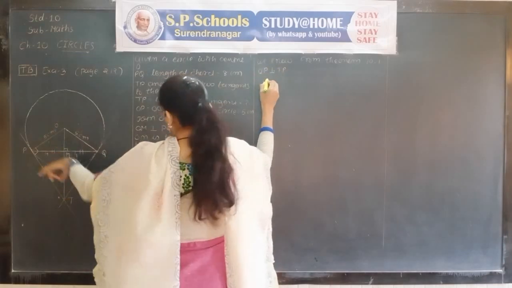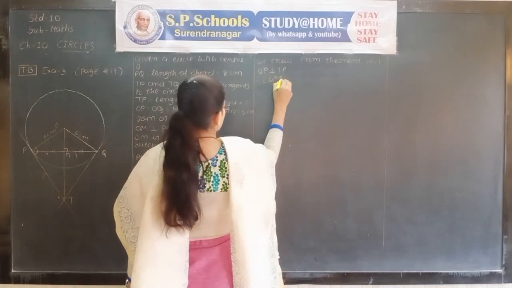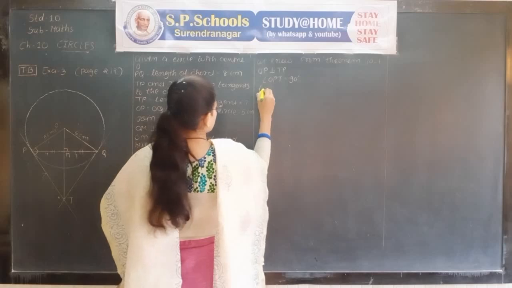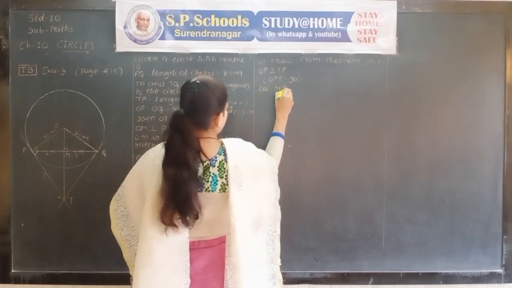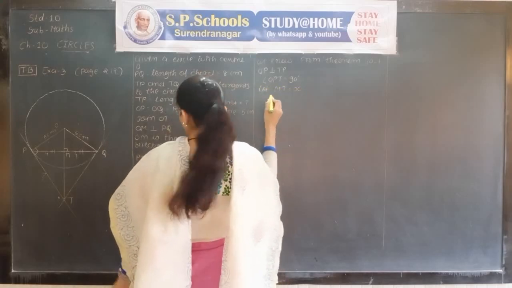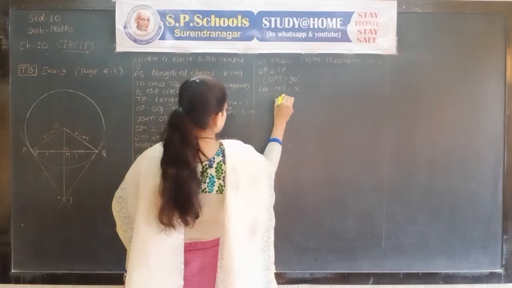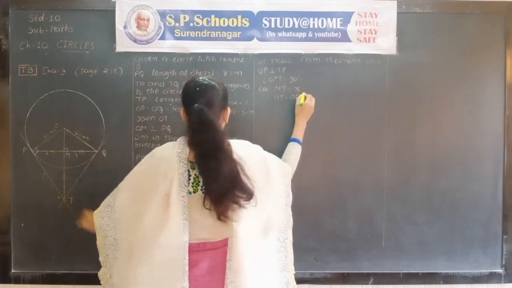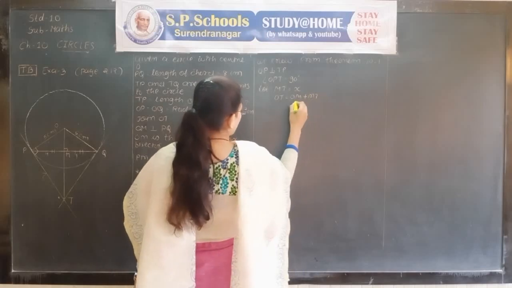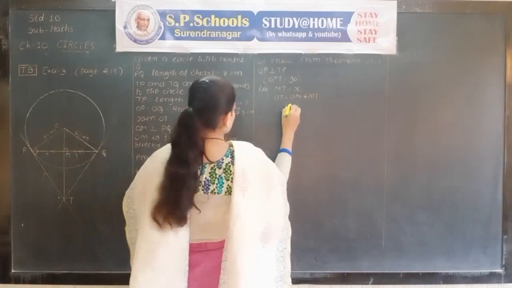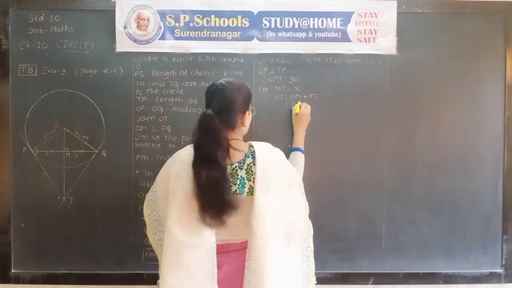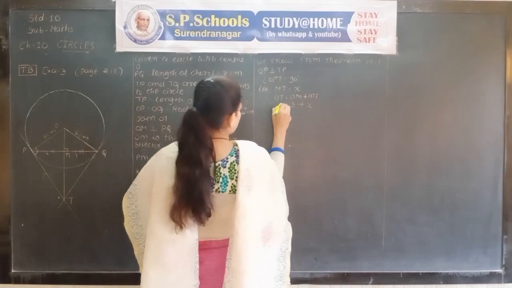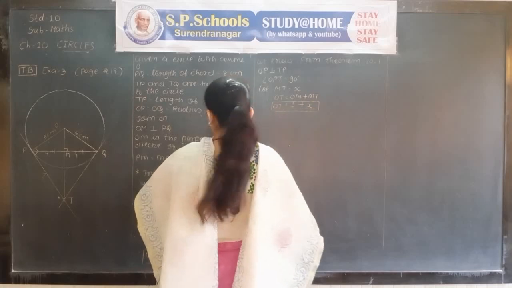Therefore angle OPT is equal to 90 degrees. Let MT be equal to x. That's why OT is equal to OM plus MT, where OM is equal to 3, plus MT is equal to x. OT is 3 plus x, or x plus 3.